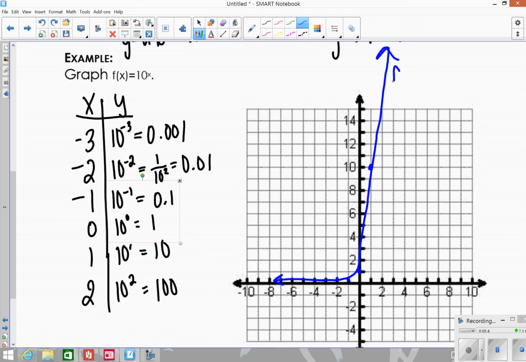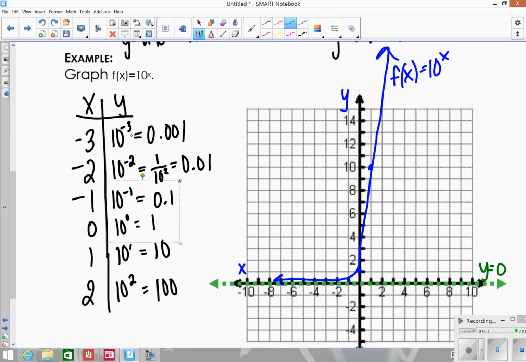So this is going to be f of x equals 10 to the x. And again, there is a horizontal asymptote here at y equals 0. And the reason why we would never cross this line is because there's no way for you to raise or to have a negative exponent or a positive exponent and get negative numbers.